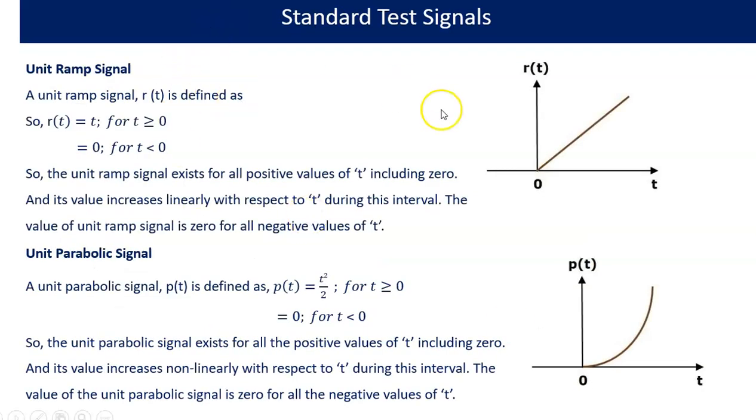For unit ramp signal, r of t is equal to t for t greater than or equal to 0, and 0 when t is less than 0. Its Laplace transform is 1 by s square. Parabolic: when t is greater than or equal to 0, the value is t square by 2, and for t less than 0, the value is 0, and the Laplace transform is 1 by s cube.